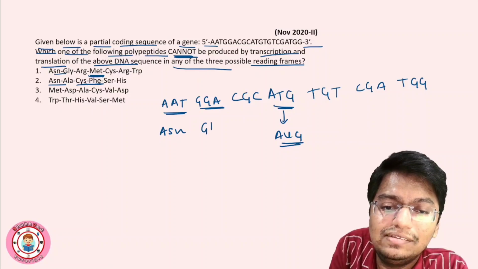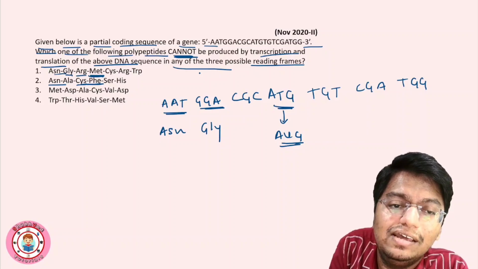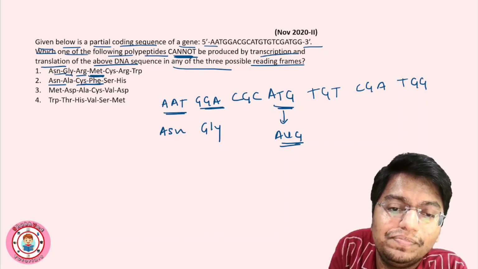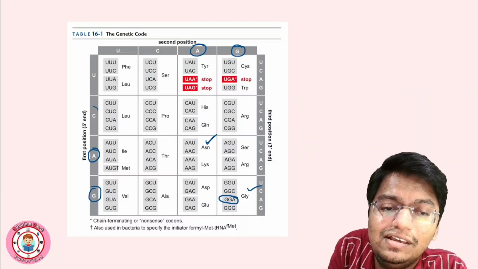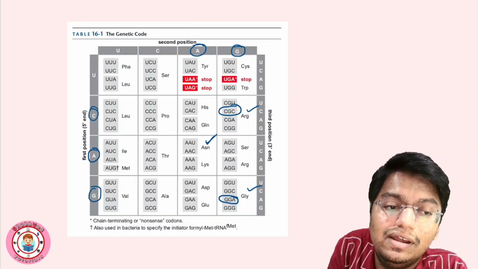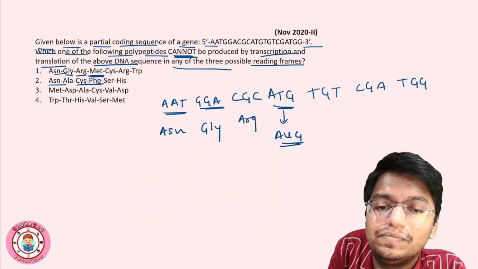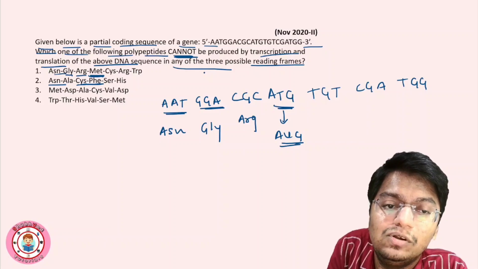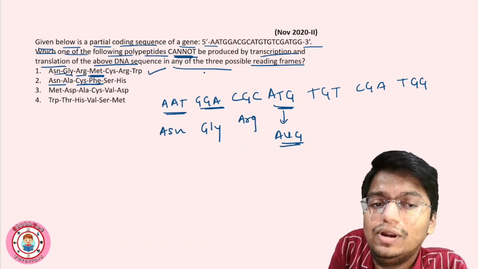So glycine. So you can see here, यहाँ पे glycine है, ये arginine होगा. CGC, arginine, right? Arginine. So this is confirmed reading frame. Okay, confirm हो रहा है.